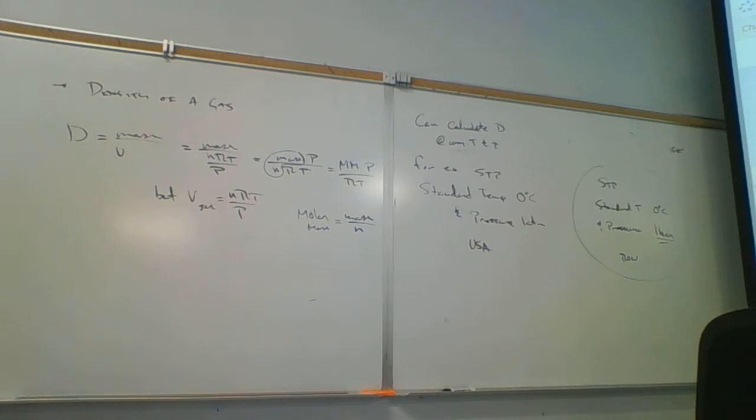And so we got to make sure this equation is correct. The way you make sure that equation is correct is you make sure the units cancel each other out and leave you with the correct units. So atmospheres cancel, Kelvins cancel, moles cancel, and that leaves us with grams per liter. So density in grams per liter, that sounds correct. What is it?